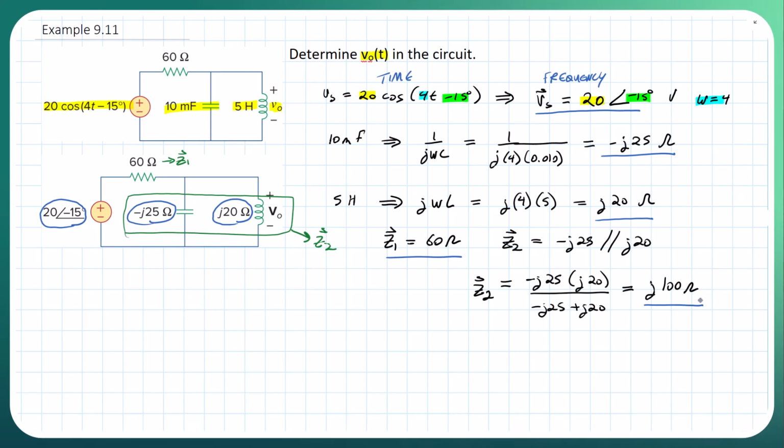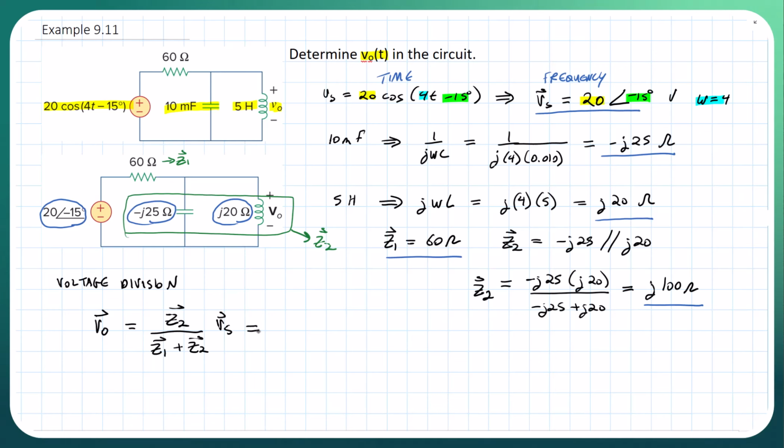Now, to determine V naught, we can use our voltage division rule. What that's going to give us is V naught is equal to Z2 over Z1 plus Z2 times our voltage source.